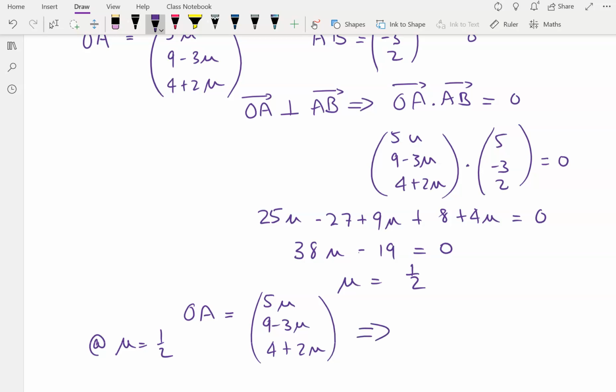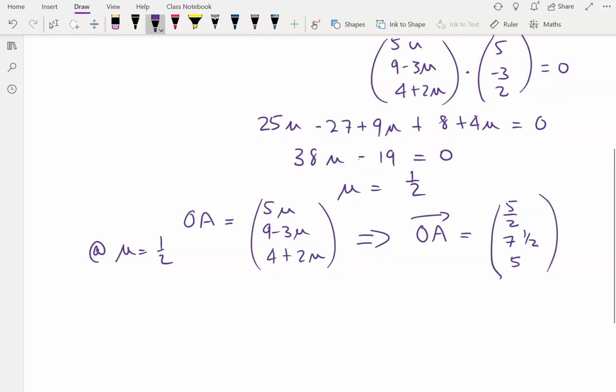So the position vector OA is going to be 5 times a half, in other words, 5 over 2. 9 minus 3 over 2, that's going to be 7.5. And 4 plus 2 mu, that's going to be 4 plus 1, that's going to give me 5. And so there is my position vector OA. That's the actual value of it.